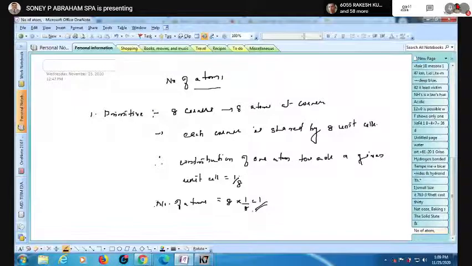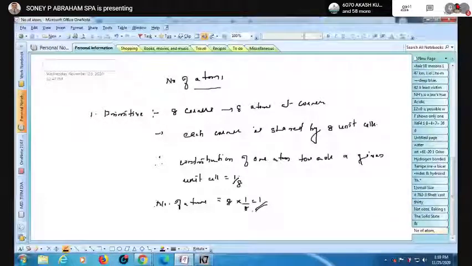Are you getting or not? Yes, sir. I can explain again. If you are talking about a unit cell, there will be 8 corners, and each corner will be occupied by an atom, and each corner will be shared with 8 more unit cells.